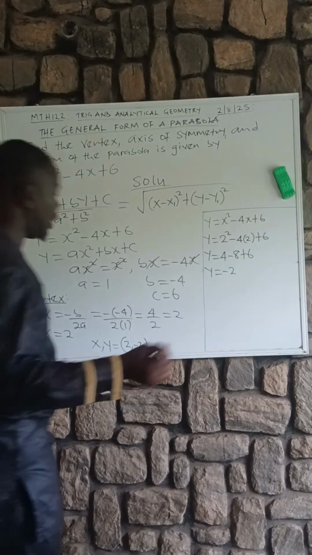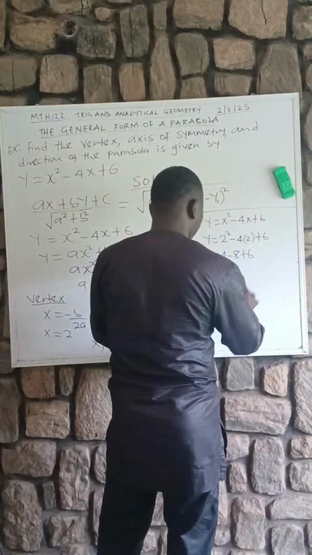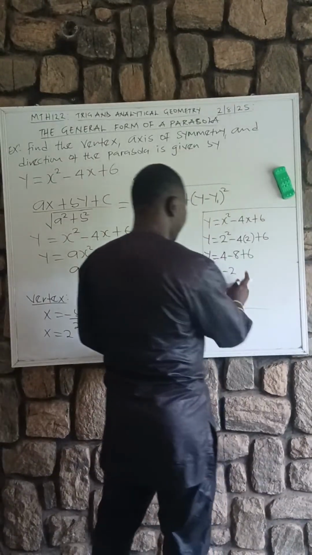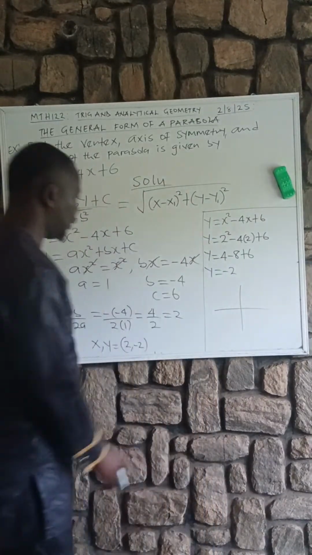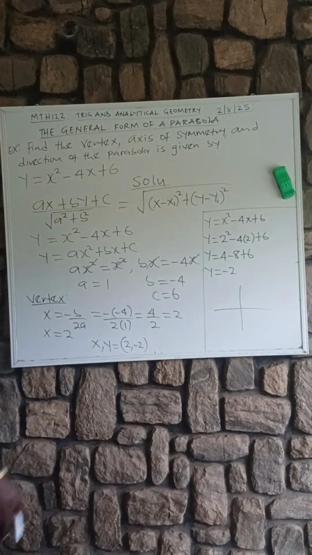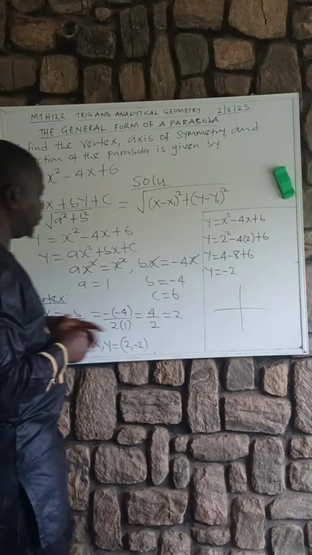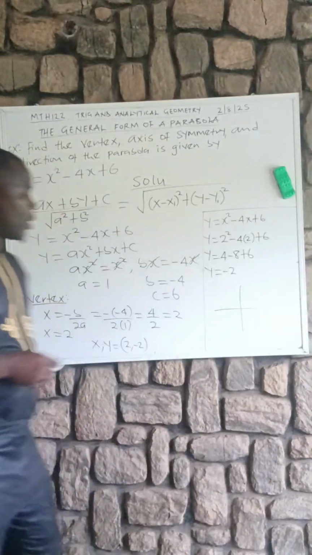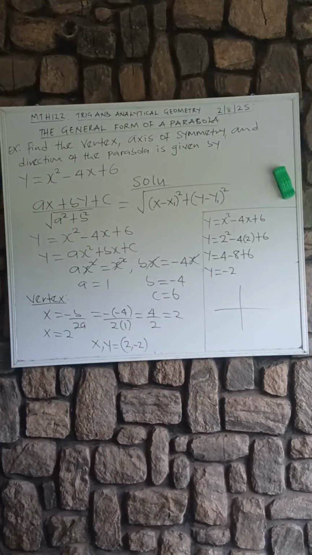What they are trying to explain is this line, the vertical line that passes through the vertex. So that line is x equals 2. Is that clear? Your x is equal to 2.